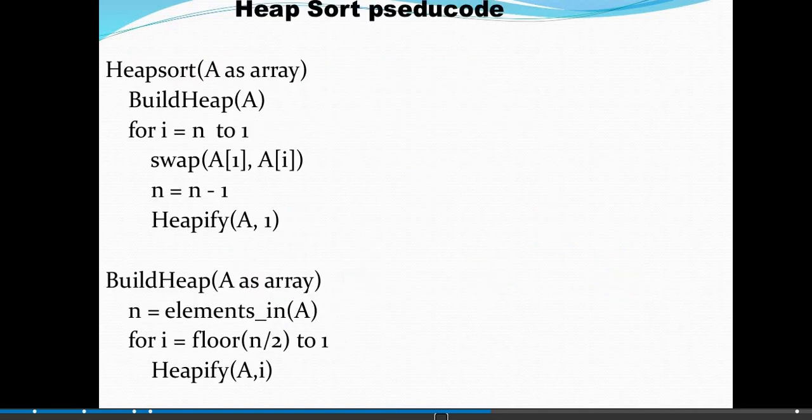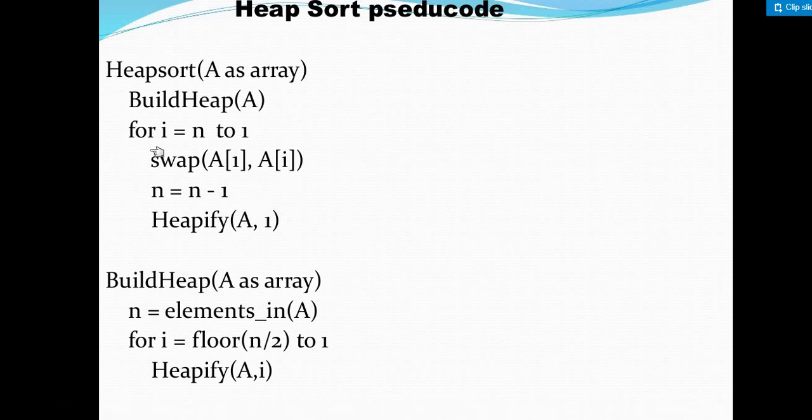Now you can see this algorithm. We take the array, then we build the heap, then it will run from n to 1, that means it will go over all the numbers.